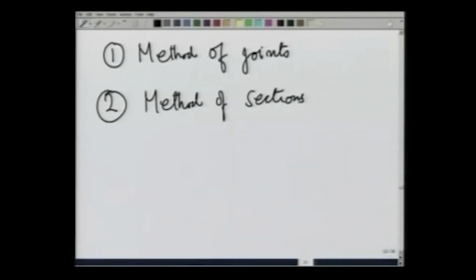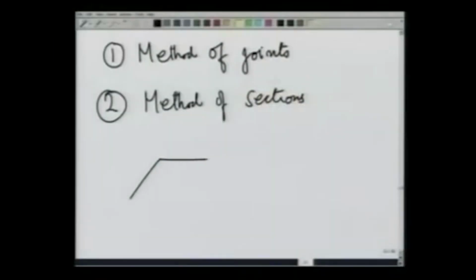You have already gotten a glimpse of method of joints when I analyzed a very simple truss earlier. What is done in method of joints is that each joint of the truss is brought in equilibrium under the applied forces.